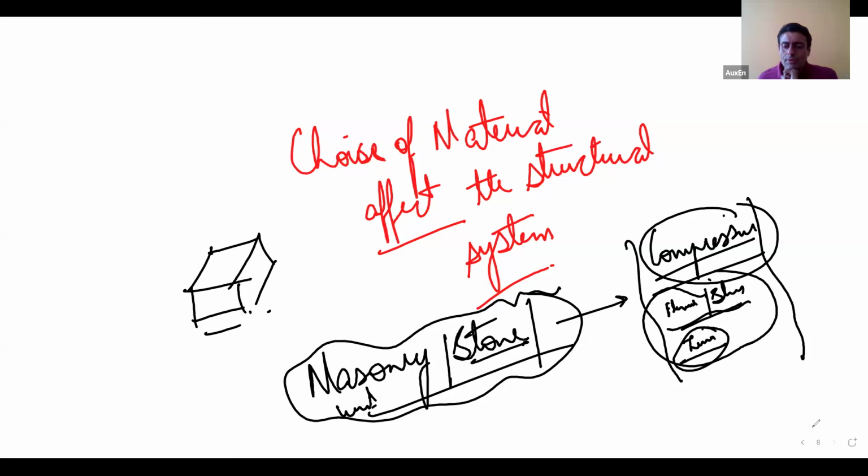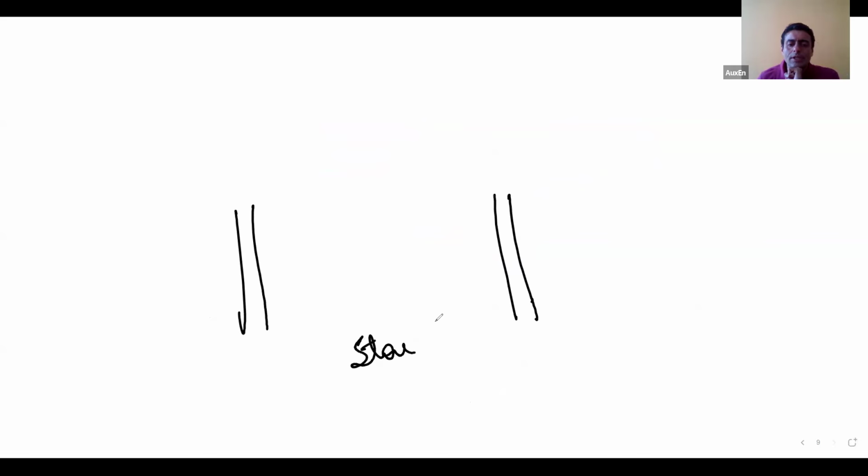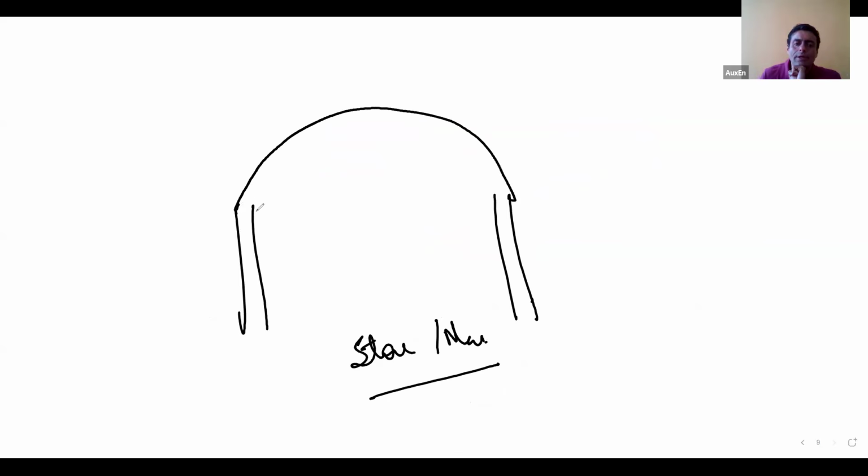So because of the choice of material, how my structural system shape gets affected: if I have to cover a long span and I only have stone or masonry units available with me, I have to do what? I have to come up with a dome. Are you getting it? Or an arch.